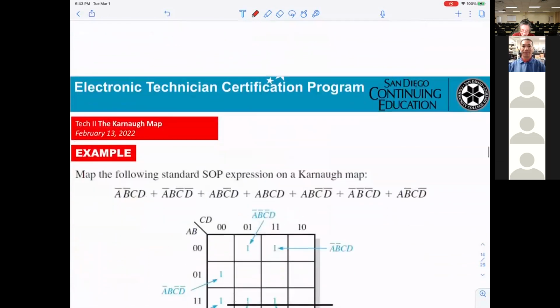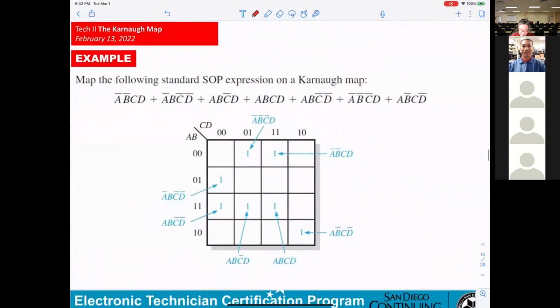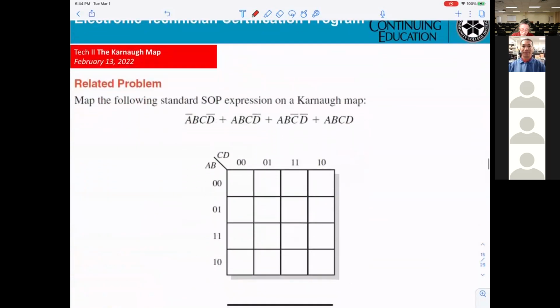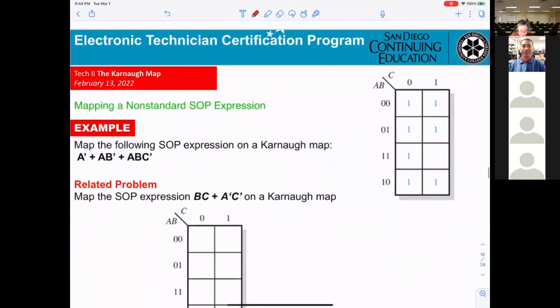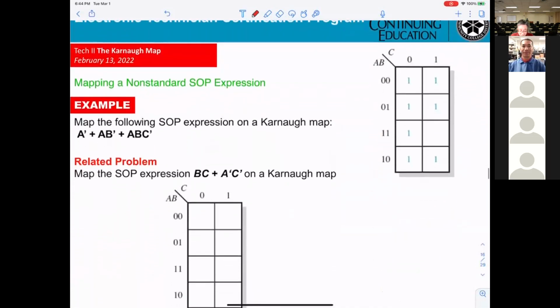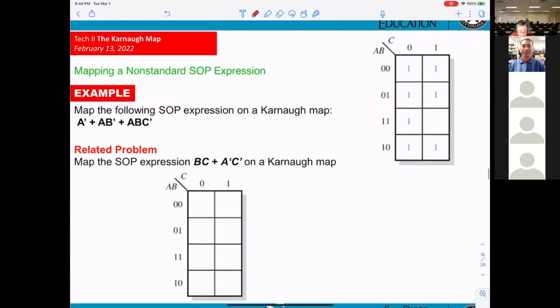Okay, now this one I'm not doing for you. You just look into that. The thing is, we're not trying to deal with 4 variables. That example. Now I want you to do the related problem.